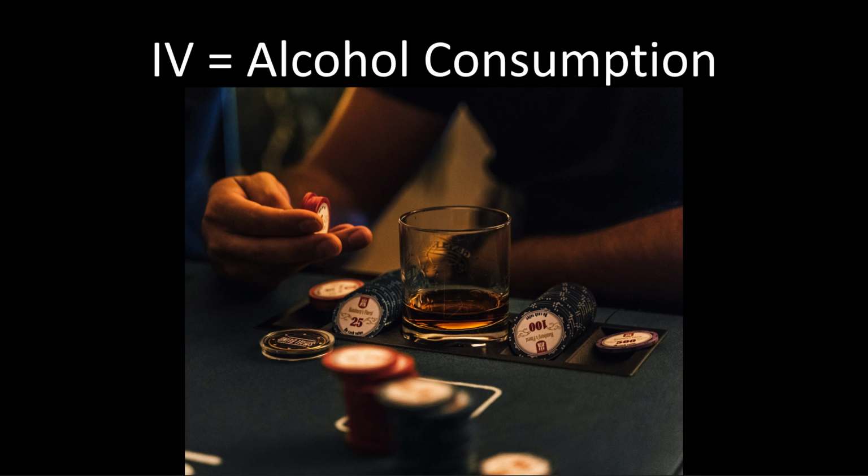In this case, we're not asking whether or not someone consumes alcohol depends on their risky behavior, right? But we are asking whether their risk-taking depends on whether or not they consumed alcohol. That's why, in this case, alcohol is the independent variable and the risky behavior is the dependent variable.